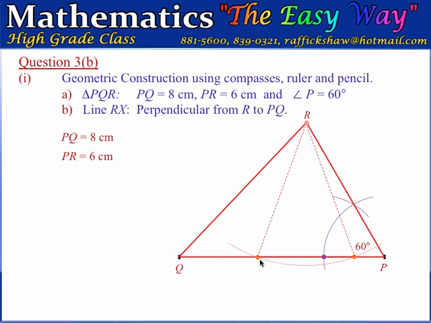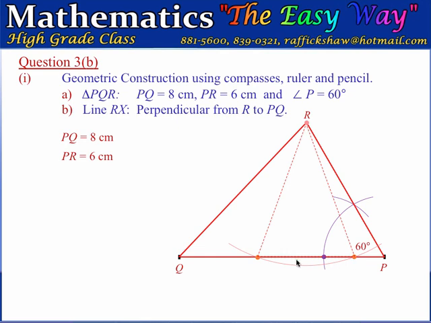So when we construct the perpendicular bisector of this chord of this arc of the circle that we have formed, center R, that perpendicular bisector will pass through R, and so that line will be the perpendicular from R to PQ.